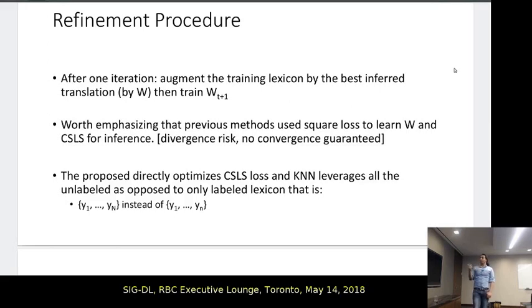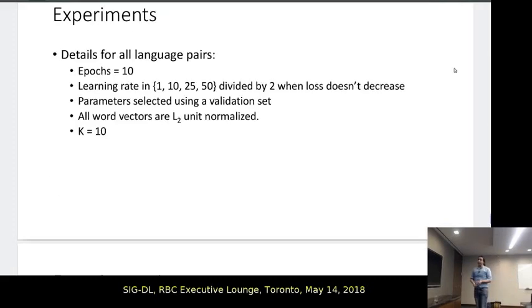Yeah, so they say that because they can use CSLS now for both inference and learning, they can use not only, because in the previous method for the nearest neighbor, they only used the lexicons that they had labeled data for. But now because they're using CSLS, they can use the entire vocabulary. You don't have to have any supervision. And that actually will help also.